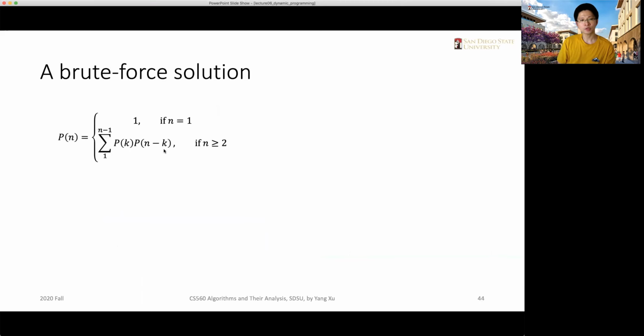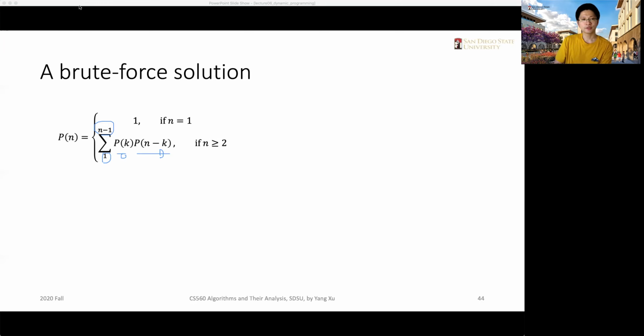If we generalize it, we can express this recurrence equation in this form. The summation sigma iterates over all possible positions for the last parenthesization. So it's Pk times P(n minus k), where k is the length on the left and n minus k is the length on the right.